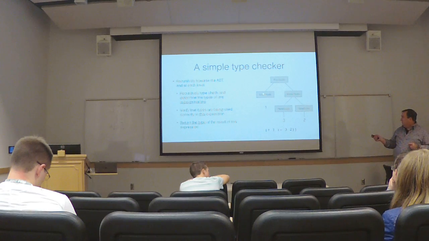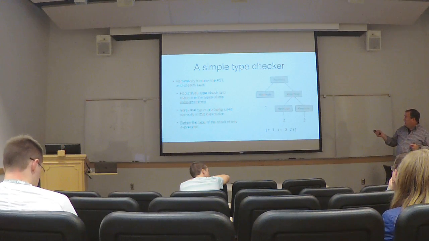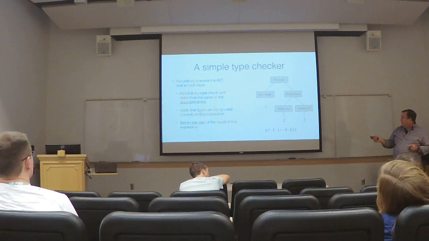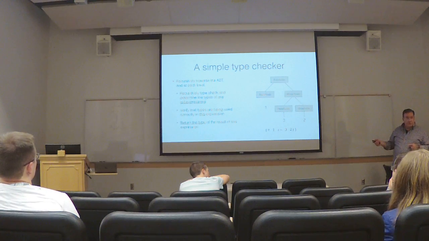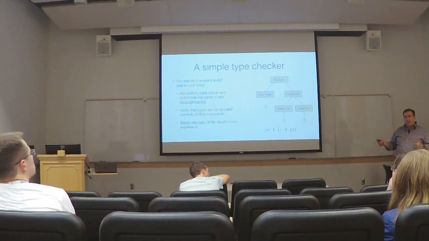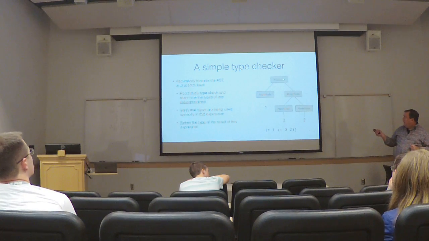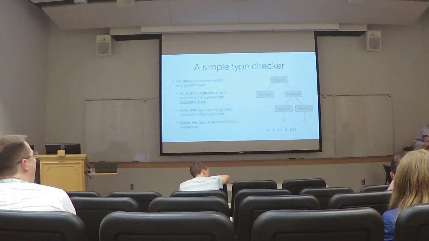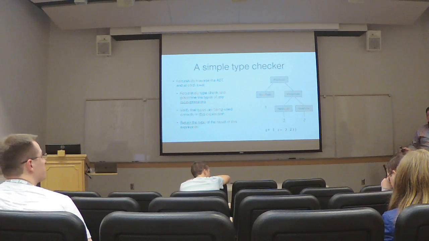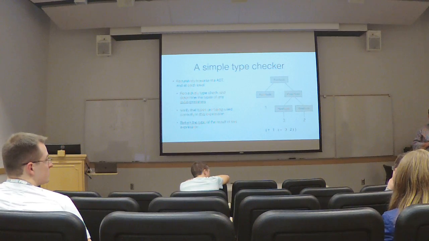And so if this is a number and this is a number, then you're back up to this level of recursion. You're verifying that number plus number is correct. Yeah, that's good. That also returns a number, and then you return number out of the recursive call determining the type of the entire expression. So notice the steps.